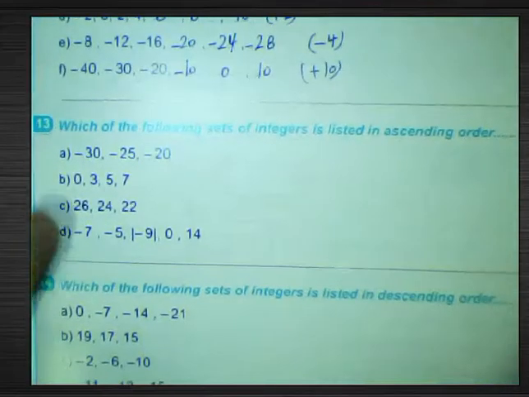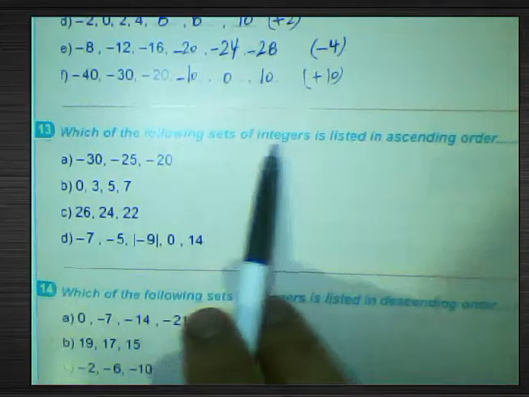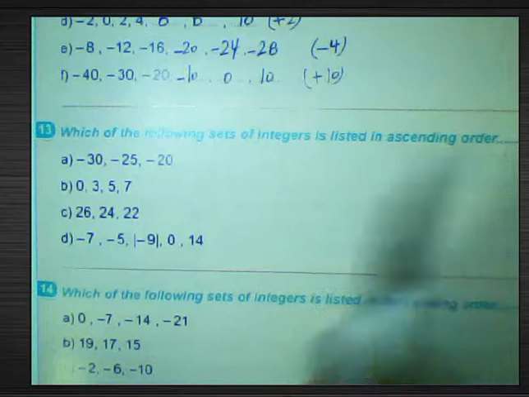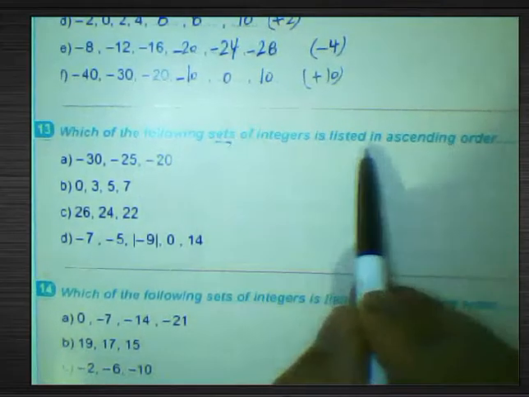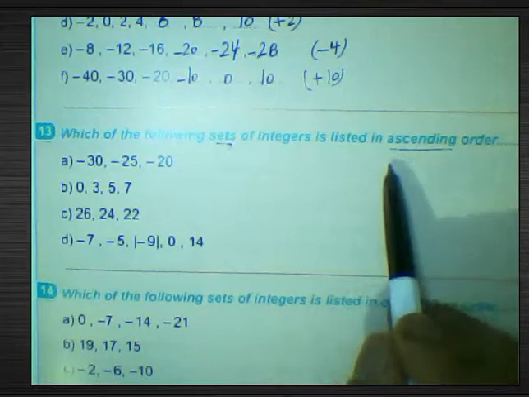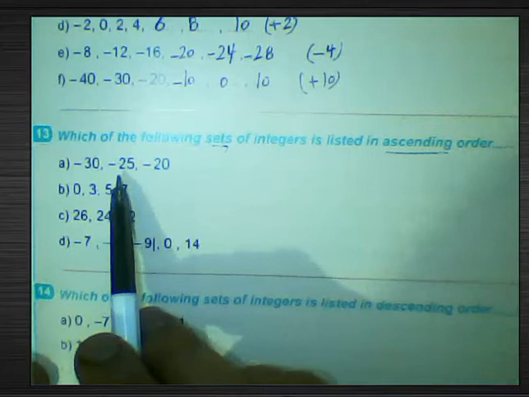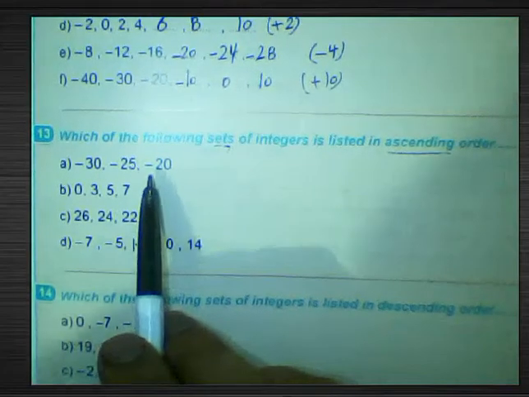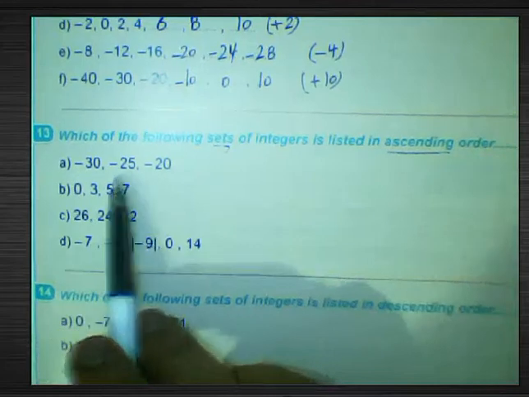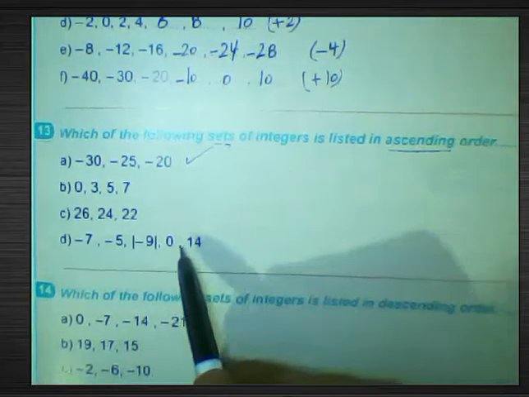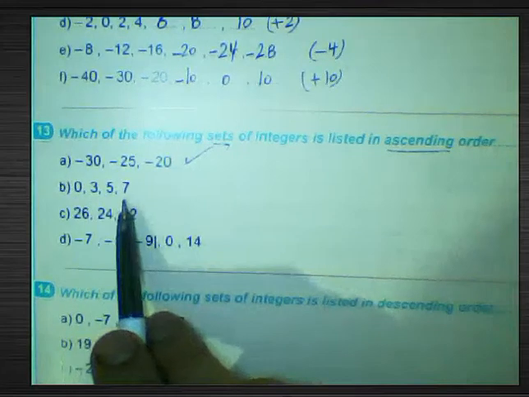Question 13. Which of the following sets of figures is listed in ascending order? Ascending, from smallest to greatest. Letter A, negative 30, negative 25, negative 20. It's okay. C, 0, 3, 5, 7.